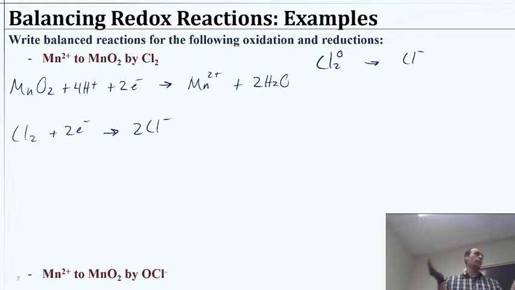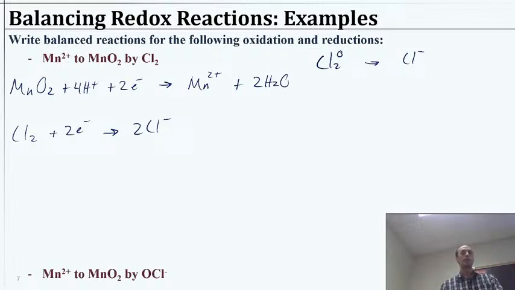Okay. So at this point, all we have to do is combine these in a way that the electrons are going to go away, right? So in my mind, I'm thinking to myself, okay, I'm just going to rewrite this to say 2Cl minus. Well, another thing we should keep in mind is when we know something is the oxidant, we are oxidizing manganese by using chlorine. We should put that chlorine that's the active thing on the left, because that is a reactant for sure.